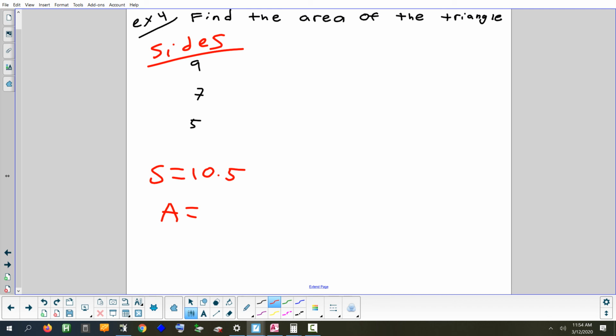What was the first thing that I wrote down in the area problem? Everything is underneath this. Yep, so we get the square root of, and Nakira, what's the first thing under the root? S. So that's 10.5.